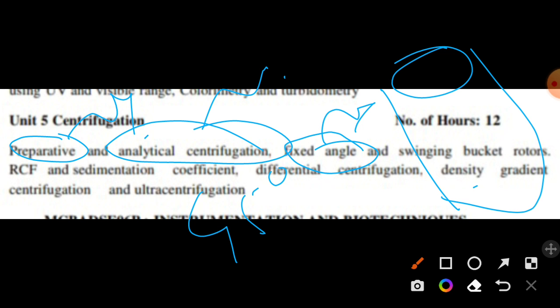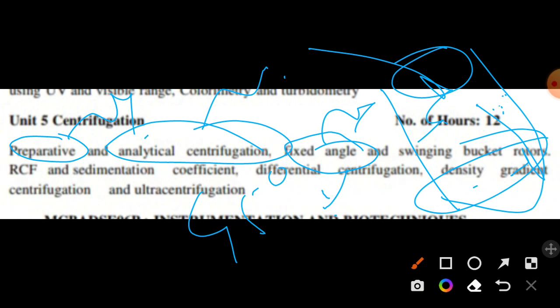Okay, and here the fixed angle can separate molecules at a faster rate, but it cannot ensure whether all the molecules are at the bottom of the tube or not, because here there is no force applied, because the direction of the force is exactly opposite to the direction of the particles.